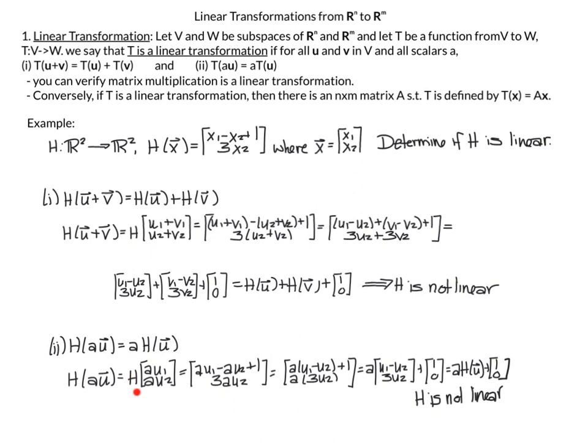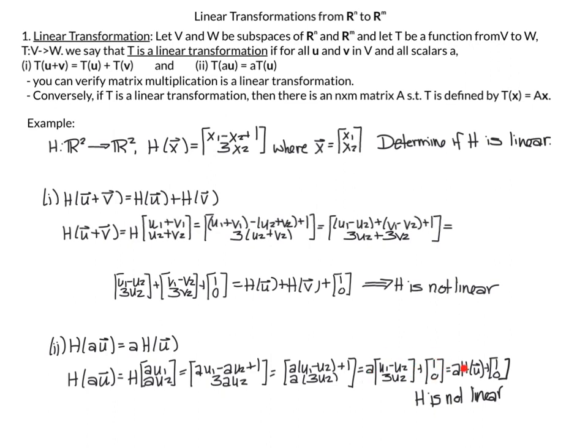When we take the transformation, we get x1 minus x2 plus 1. So x1 is equal to au1, minus x2 is equal to minus au2, plus 1. And at the bottom, we have 3 times x2, so that's 3 times au2. I can factor out my a's, and then I have a times the transformation of u, but then I have this extra 1, 0.